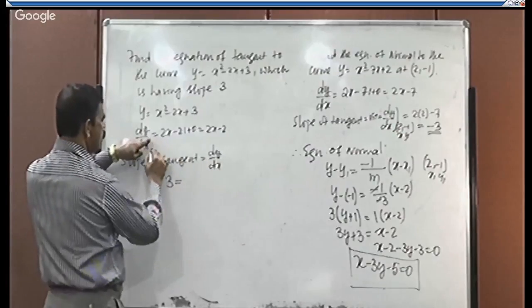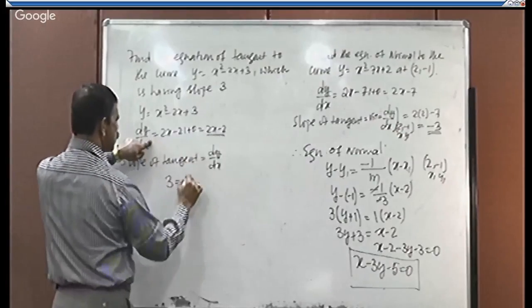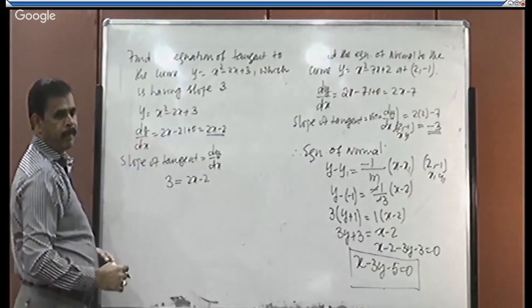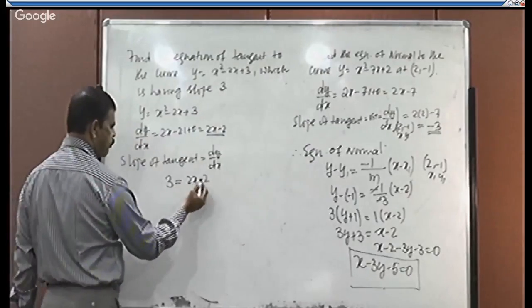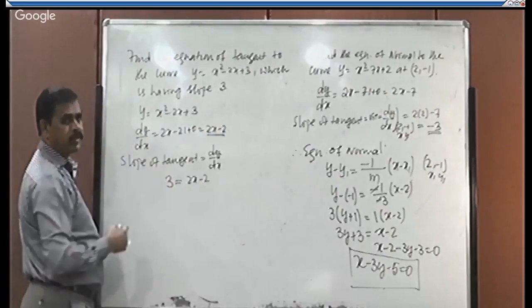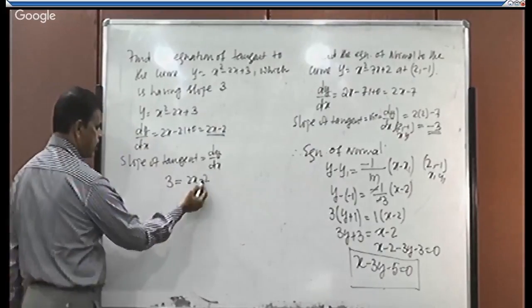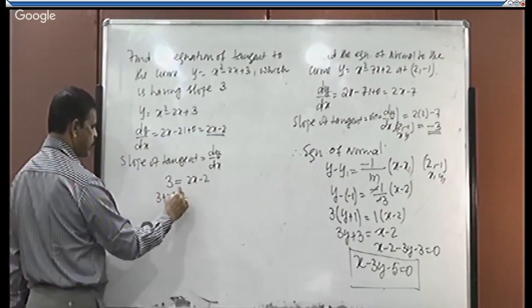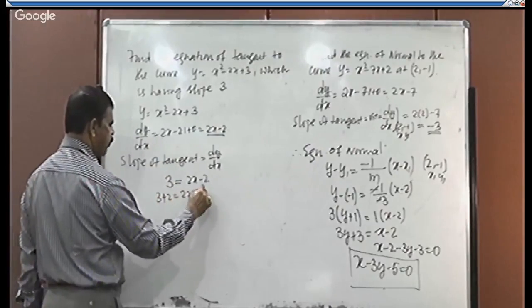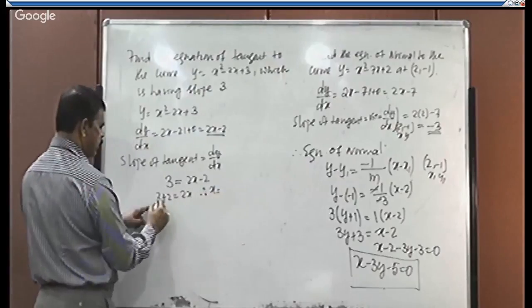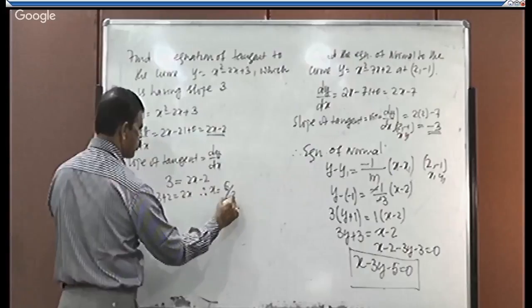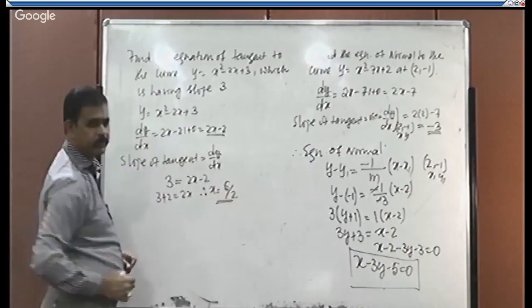We got dy by dx, which is 2x minus 2. So from this you will get the x value, correct? Transfer this minus 2 to this side. 3 plus 2 is equal to 2x. Therefore, x is equal to 5 divided by 2.